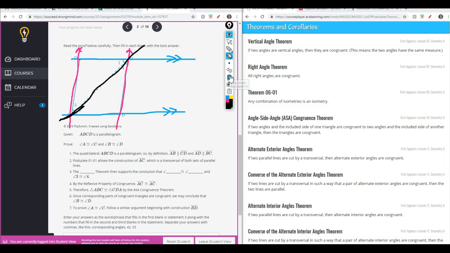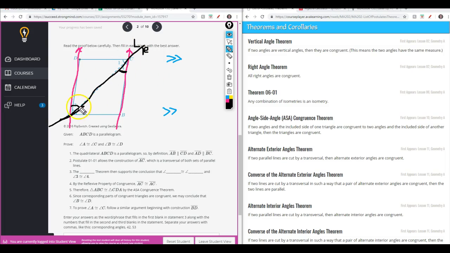angle 3 is between the pink line and the transversal line and the pink line and the transversal line. And if I were to just look at that right there, here's our parallel lines, here's the transversal, here's the left hand side, here's the right hand side.